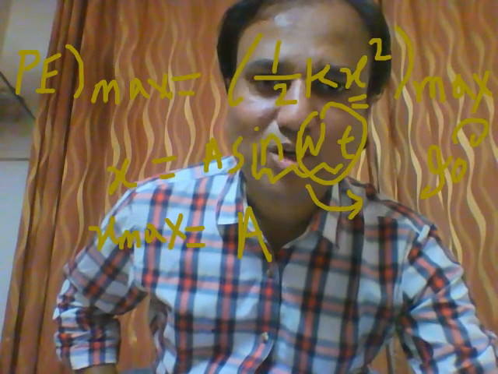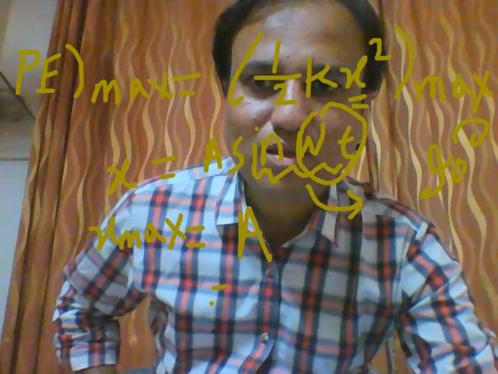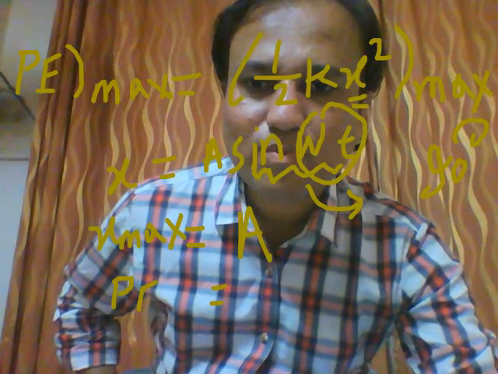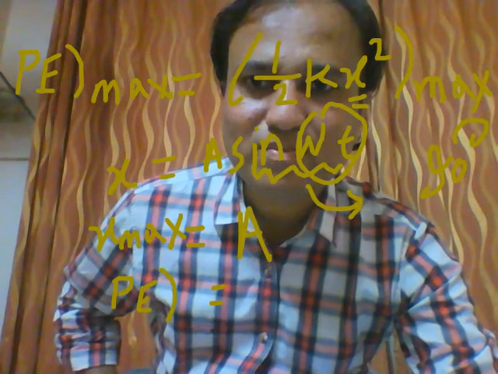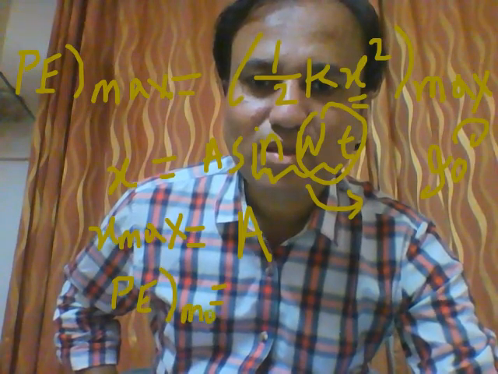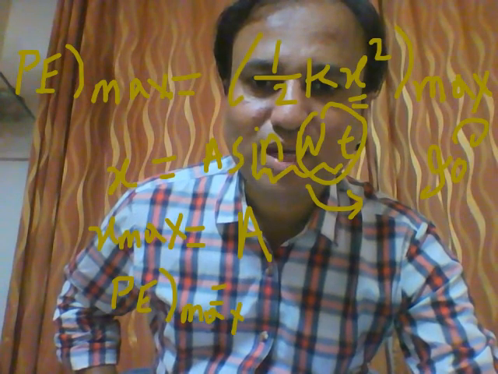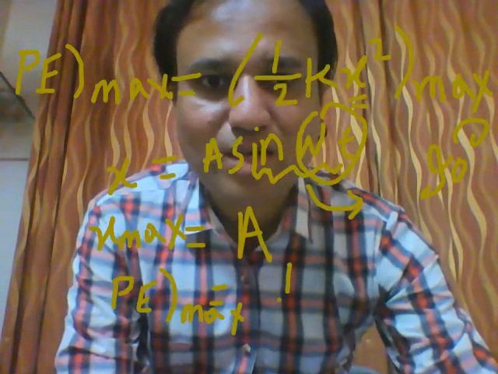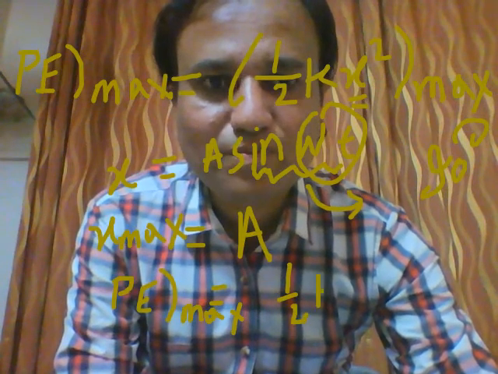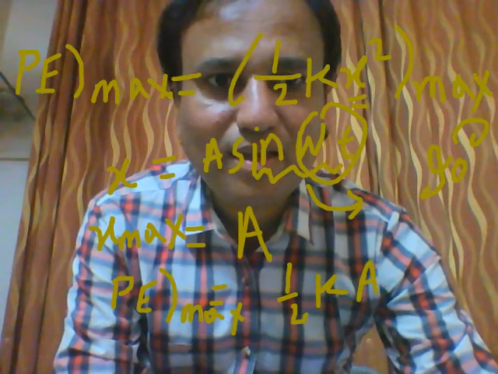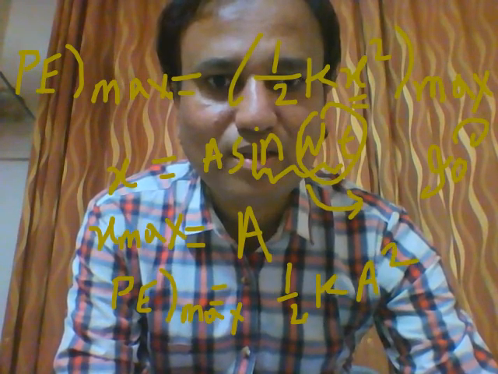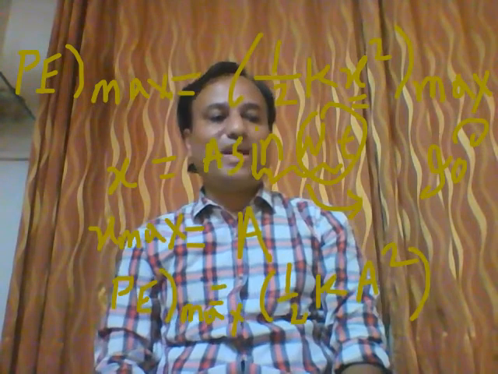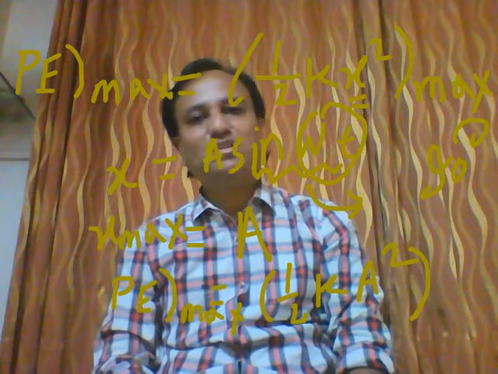Substitute x by a in the PE max equation. So I will get 1/2 k a square, right student? Now equate maximum KE and maximum PE, and you get the same relation.